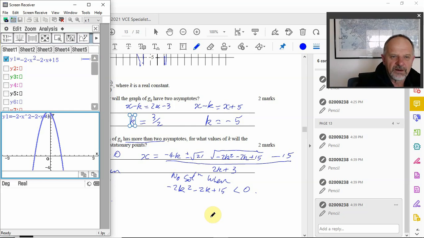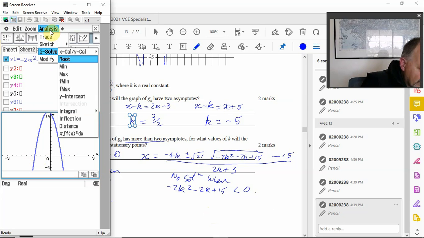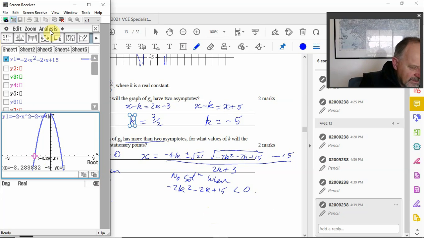And so when we graph that, there we are. This is less than 0 on these two outer arms, so I need to know where those intercepts are. G-solve roots: negative 3.2, 8 and 2.28.